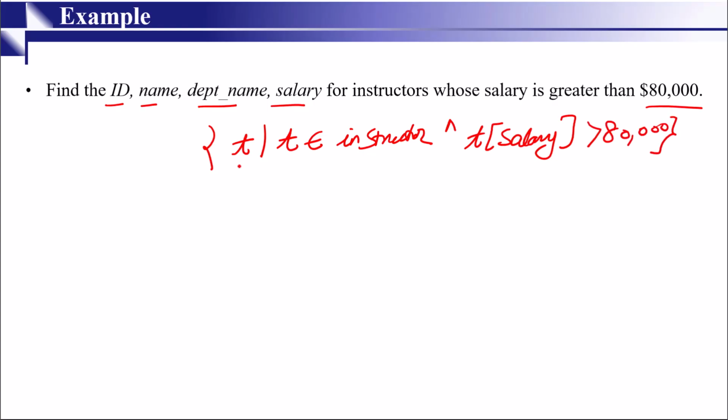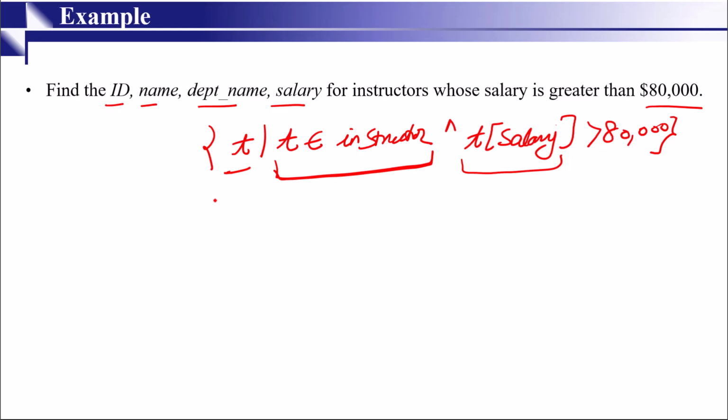Please give me the tuples such that t belongs to the instructor table, and t[salary], the salary attribute in t, is greater than 80,000.